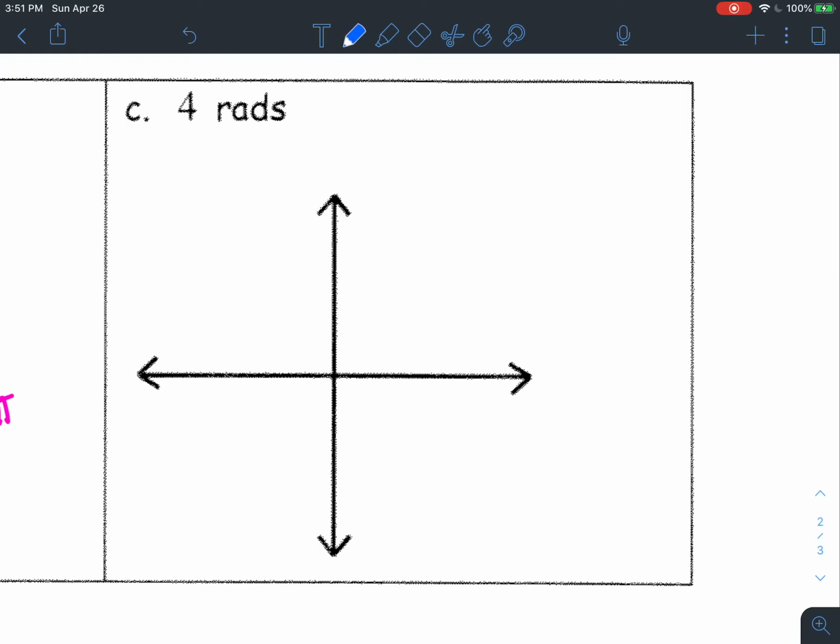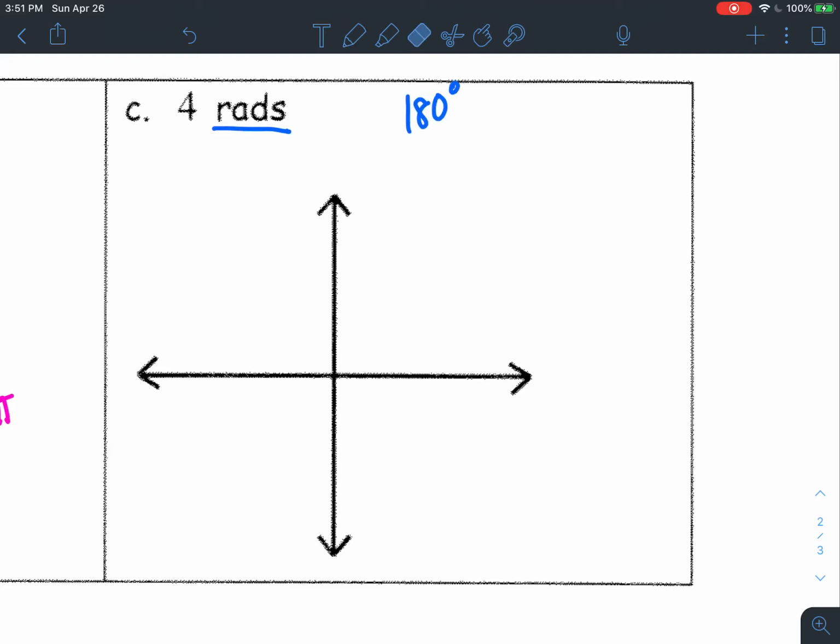For this last one, we're in radians now, and it's labeled not in terms of pi, but just a number. This rads, or sometimes just rad, is the abbreviation for an angle measured in radians instead of degrees. Degrees has the little circle above it, like 180 degrees.